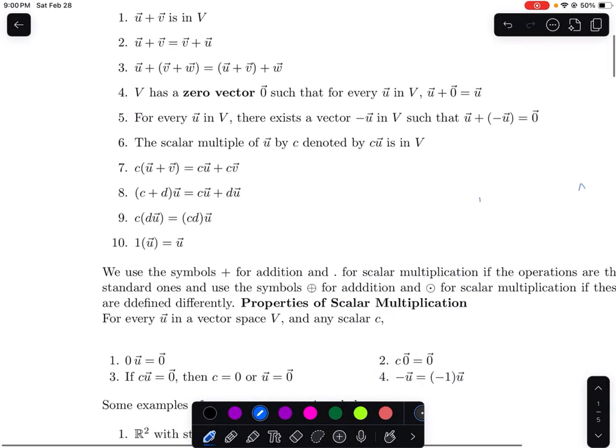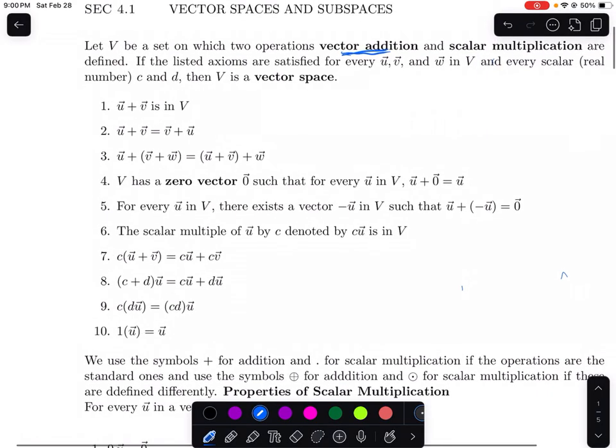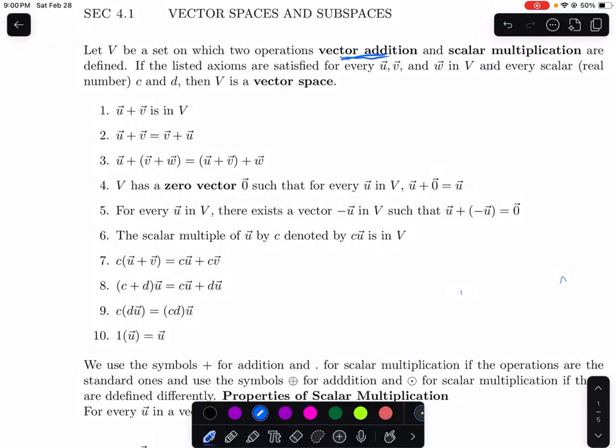Now you will see problems where such and such set is defined, and you are asked to show that this is a vector space, or to determine whether it is a vector space or not.